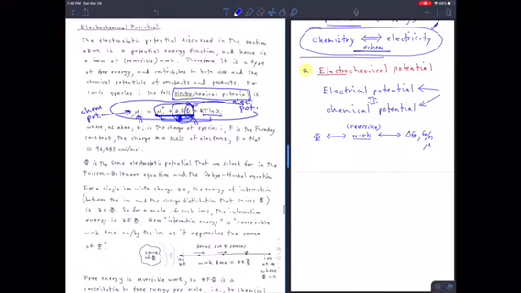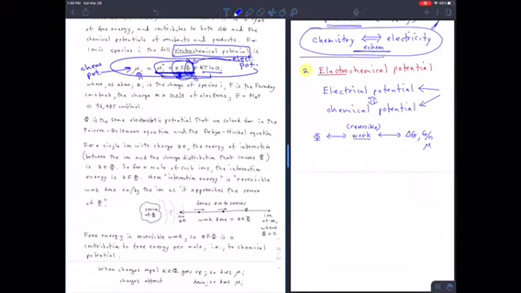Now, why is there a contribution from electrostatic potential? What's the physical reason for the chemical potential to be affected by the electrostatic potential? Well, the basic reason is that electrostatic potential is a measure of the work that's been done on charged particles. And in ionic solutions and in redox reactions, electrochemical reactions, there's nothing but charged particles, right?